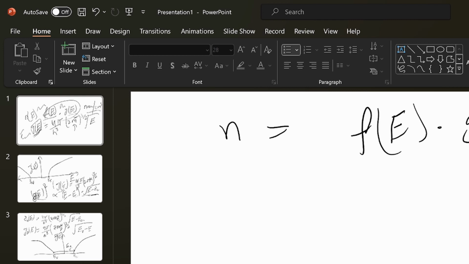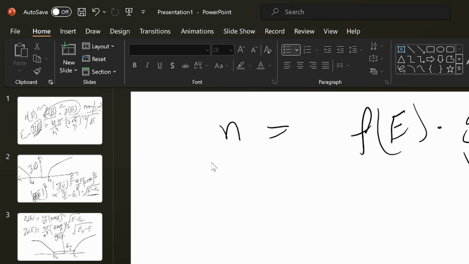So this will be the number of electrons per unit volume per unit energy. g(E) is the density of states per unit volume per unit energy, in the range dE, with units per electron volt per centimeter cube.